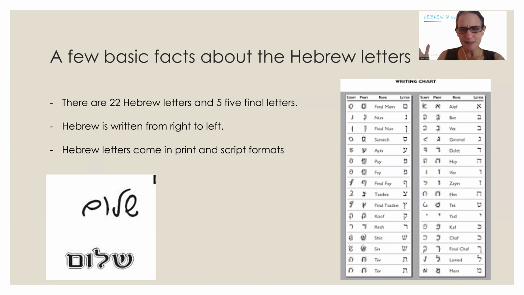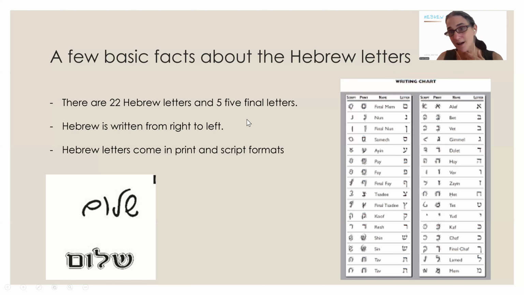This complicates things a little bit, but for example, in Arabic, every letter has 3 forms for the beginning, the middle, and the end. So it's much more difficult. In Hebrew, we only have 5 letters that have 2 forms, a regular one for the beginning and the middle, and then a final one for the end. So we'll get to know those letters as we go through the course.